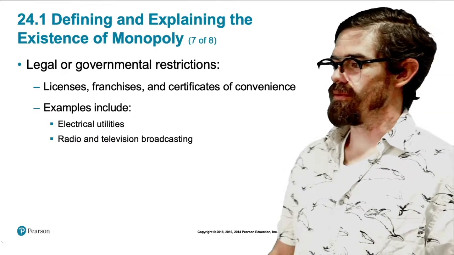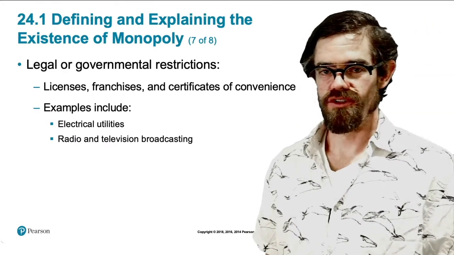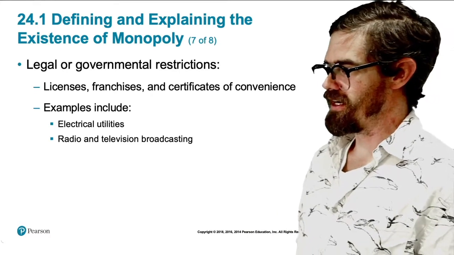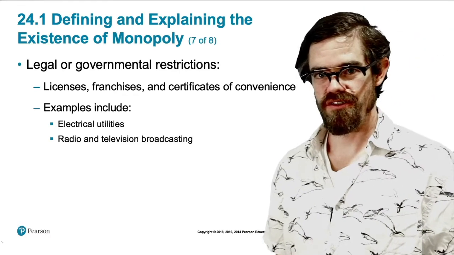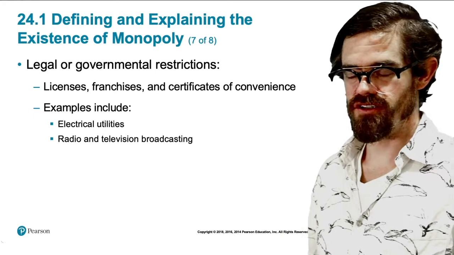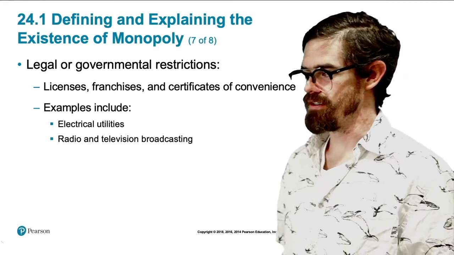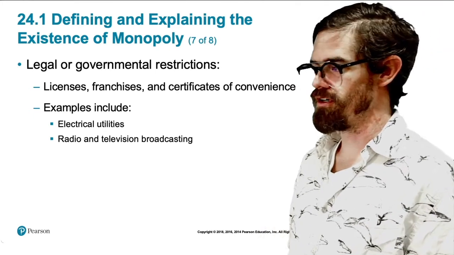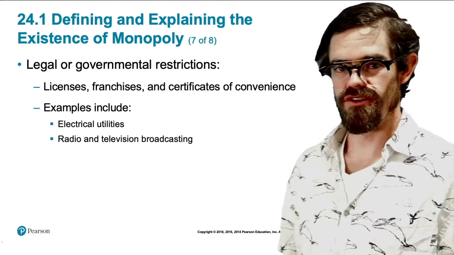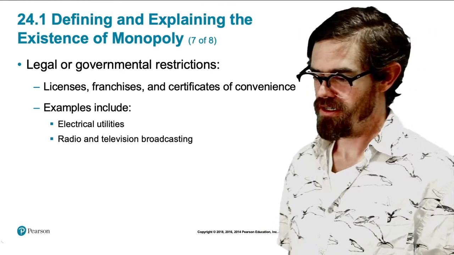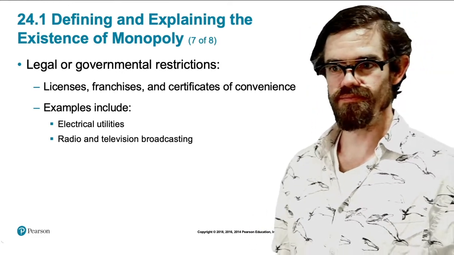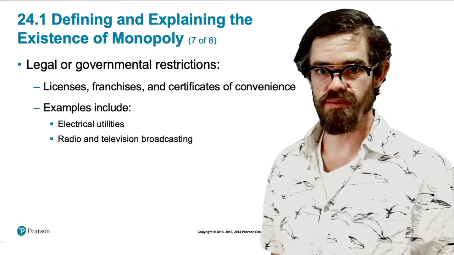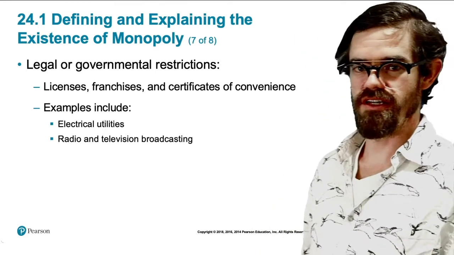Okay, now let's talk about those legal and government restrictions, barriers to entry. Like I mentioned, licenses, just like in the certified nursing assistant example and interior design example that we saw. Doctors are required to be licensed. In some states, contractors that build homes have to be licensed, although I don't think that's the case here in Georgia.